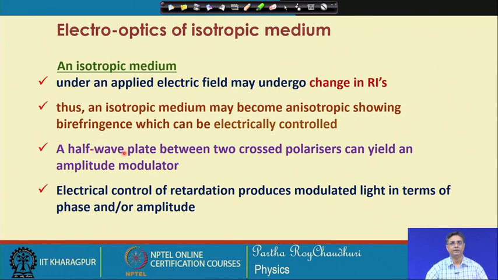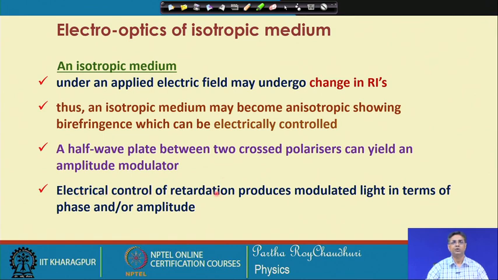A half wave plate between two crossed polarizers can yield an amplitude modulator. This we have seen: if you have a variable delay element between two crossed polarizers, one polarizer at the front end and the analyzer at the back end, then by changing the delay, the light which is emerging out of the analyzer can be modulated.